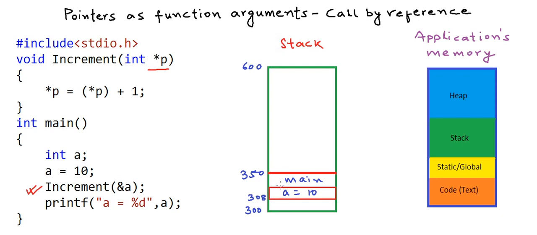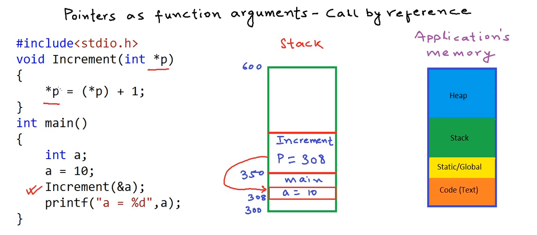Now when the main method calls increment, a local variable corresponding to the parameter P is created, and this is a pointer to integer. The value that gets copied or stored in this particular variable would be 308, the address of A. So P is pointing to A. Now in this statement, when we say asterisk P, we dereference this address.